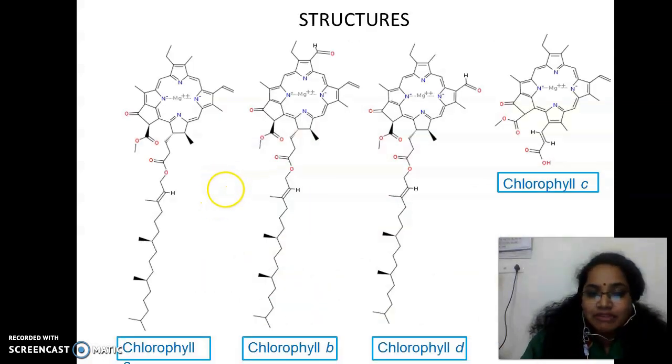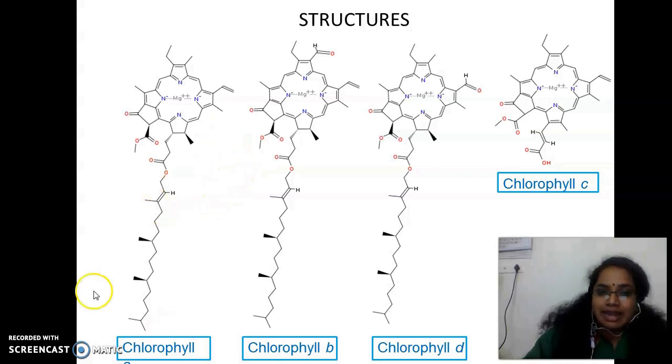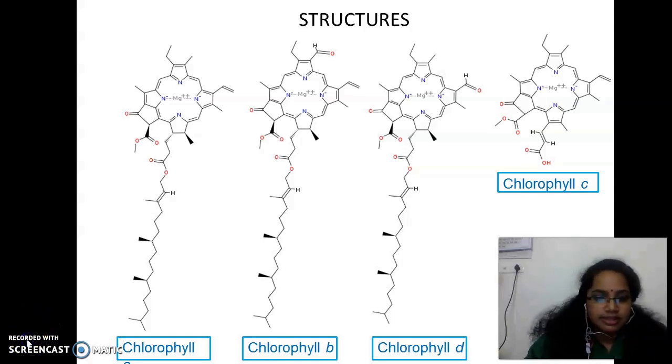So these are the different chlorophyll pigments and their structures, similar to chlorophyll A. The structural formulas of chlorophyll C and chlorophyll D are also known. Chlorophyll C differs from chlorophyll A in lacking the phytol chain. Chlorophyll C lacks the phytol chain.